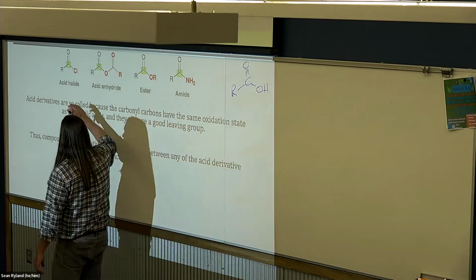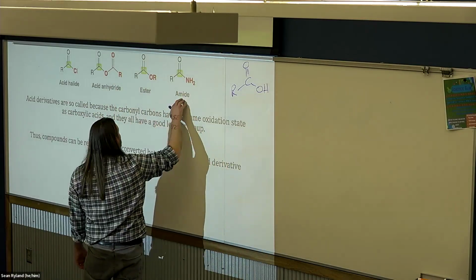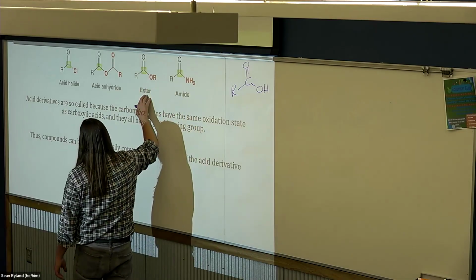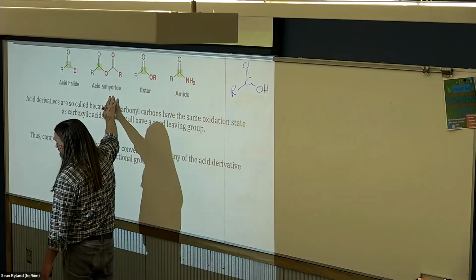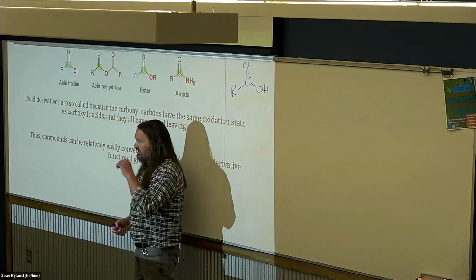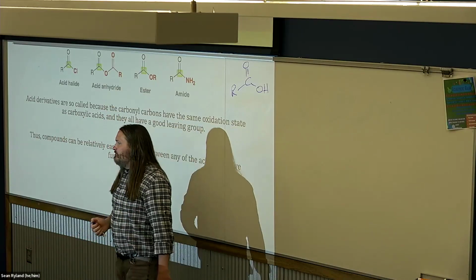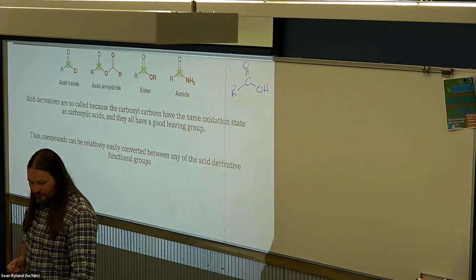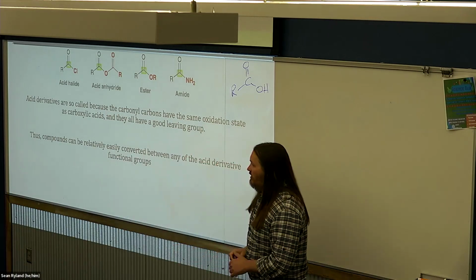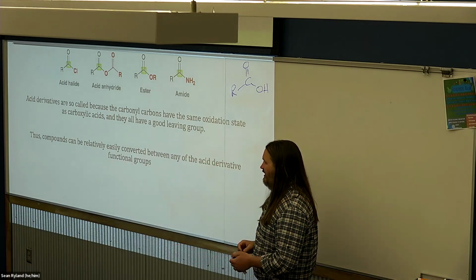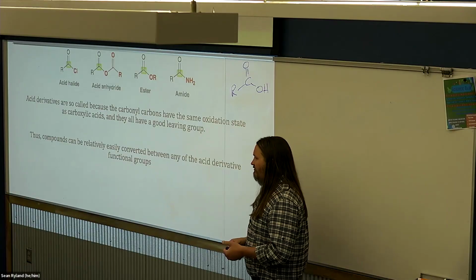We can go from an acid halide to an amide, from an amide to an ester, from an ester to an acid, to an acid anhydride. It's not going to be perfect yields, but it's a pretty straightforward process. That's why we take them all as one group, basically, because it's easy enough to move them back and forth.